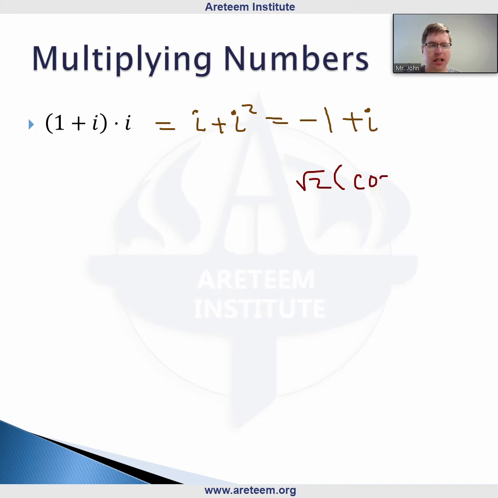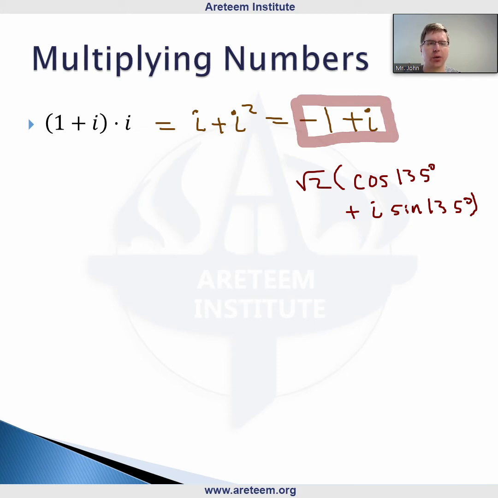So we have cosine of 135 degrees plus I times sine of 135 degrees. So this is our negative 1 plus I here, right? So we rewrote this number in polar form and we got this here.